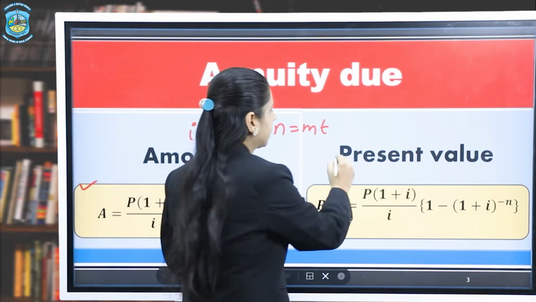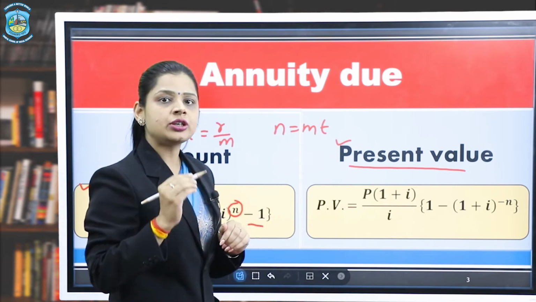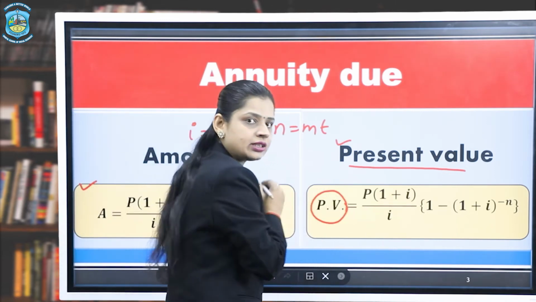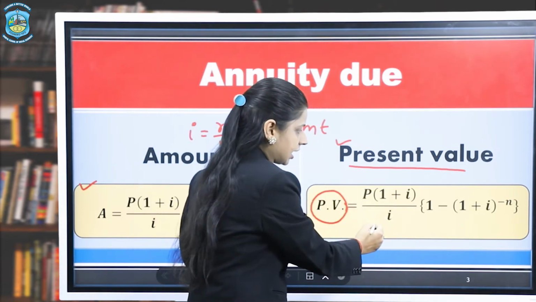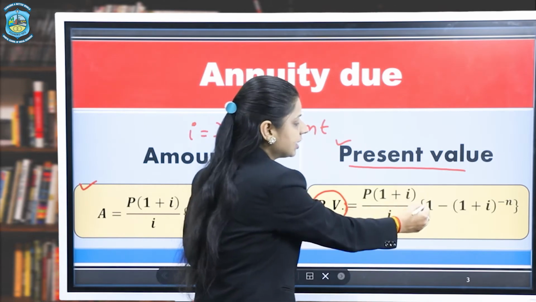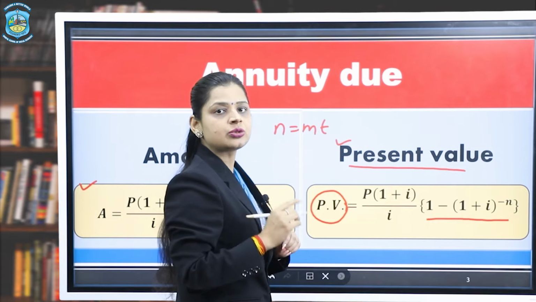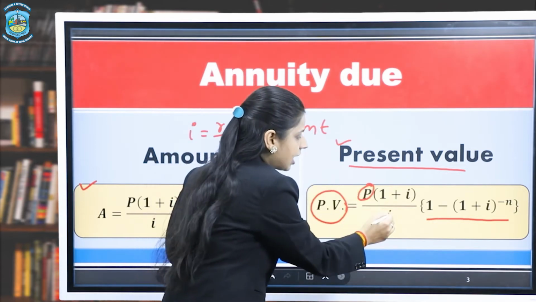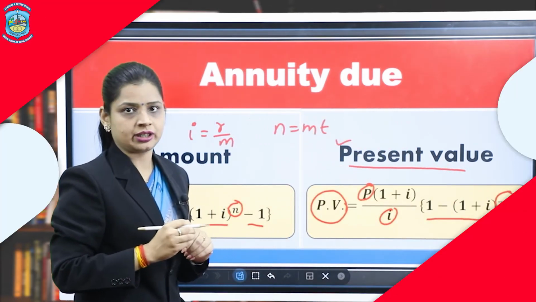We may calculate present value of annuity due by using the formula PV, which denotes present value, equal to P of (1 plus i) by i multiplied with 1 minus (1 plus i) to the power minus n, where P, i and n have the same meaning.